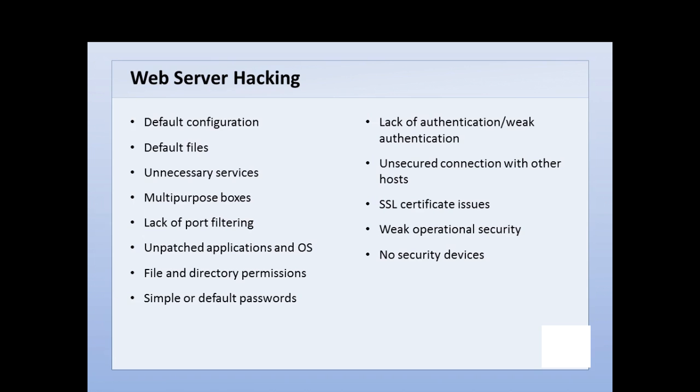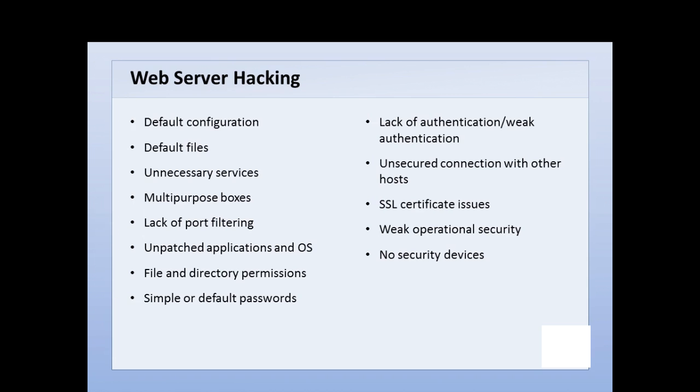Unfortunately, that opens up the box to a wide range of attacks. What you want to do is minimize the attack surface by minimizing what runs on the box. Lack of port filtering, and this may not be something that's done by the box itself. It may be something that should be done by an external router or external firewall. But if you don't filter these ports, and ports are open that shouldn't be, well, then you've left yourself open to a couple of attacks.